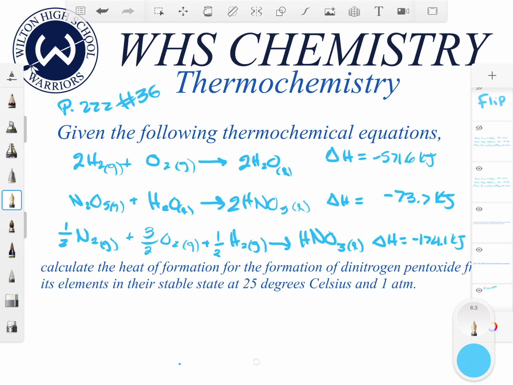So we'll have it on the right side of the equation, and as that is the only product of the reaction, that must mean that the only two reactants will be nitrogen and oxygen on the reactant side. So we need to cancel out all these other excess elements in these initial steps until we're only left with nitrogen, oxygen, and dinitrogen pentoxide.